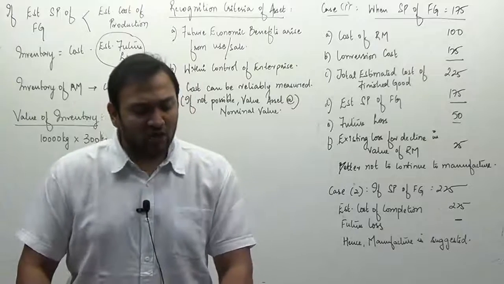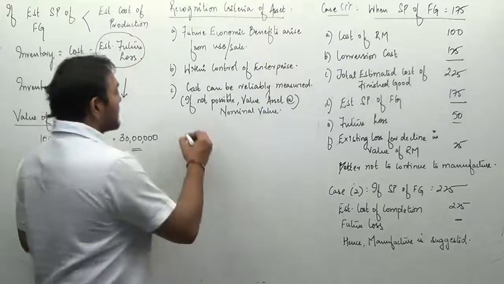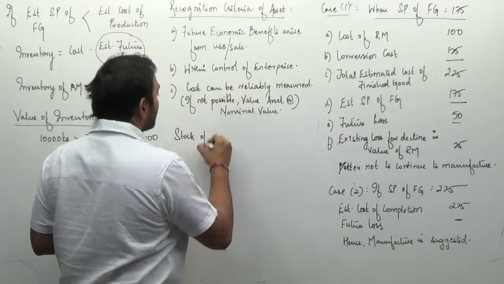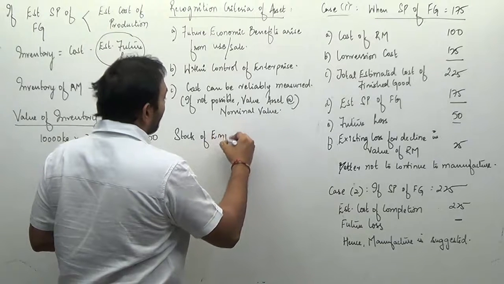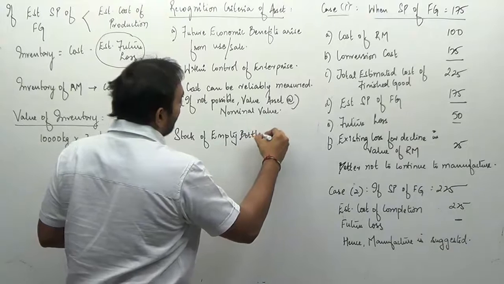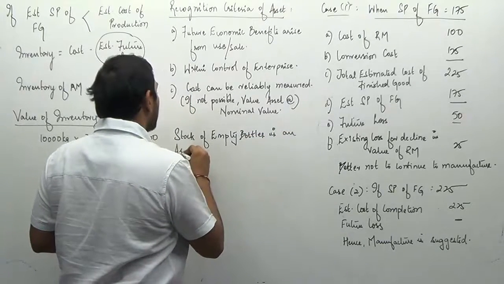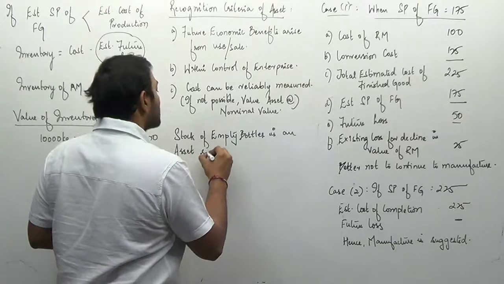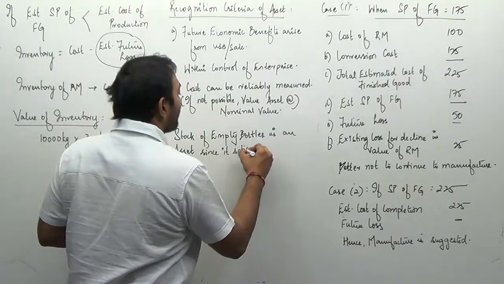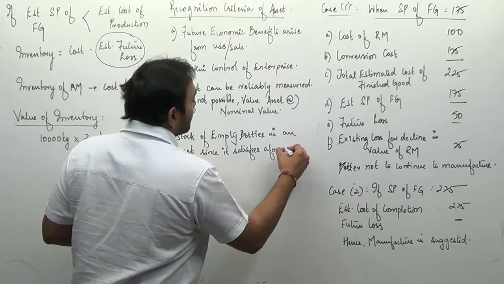That is the question. Decide whether the stock of bottles is an asset. Yes. The answer to the first question: stock of empty bottles is an asset since it satisfies the aforesaid conditions.